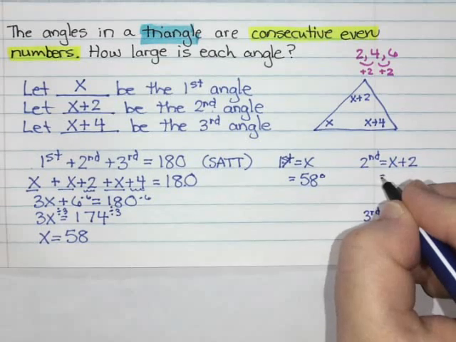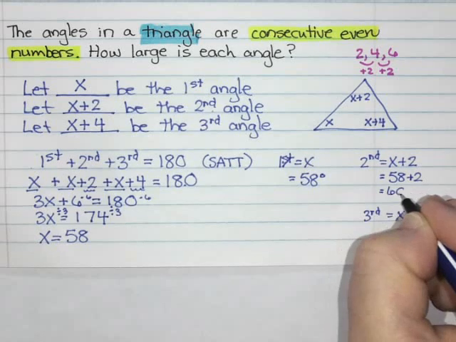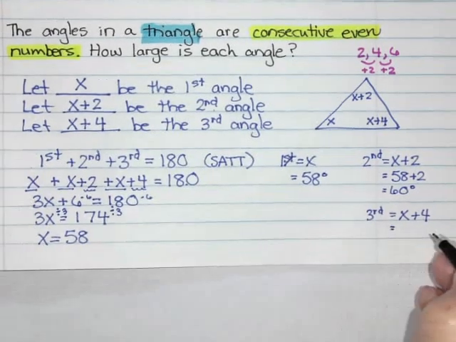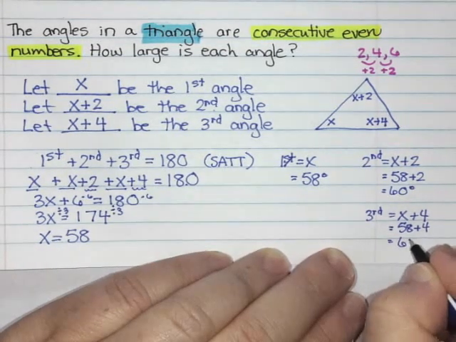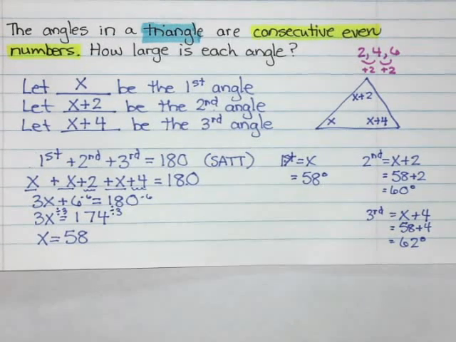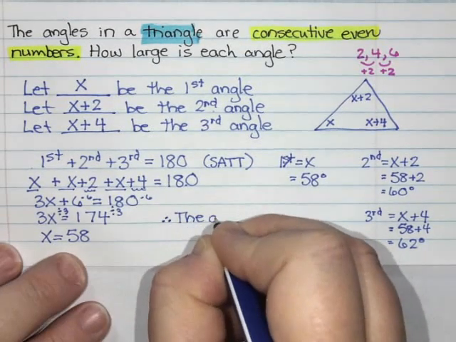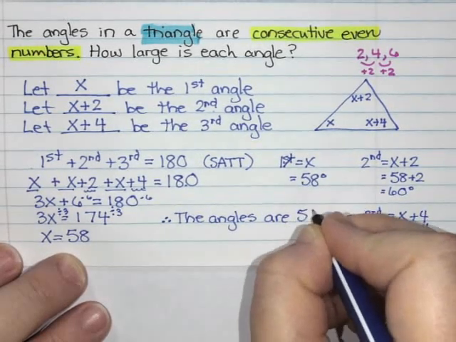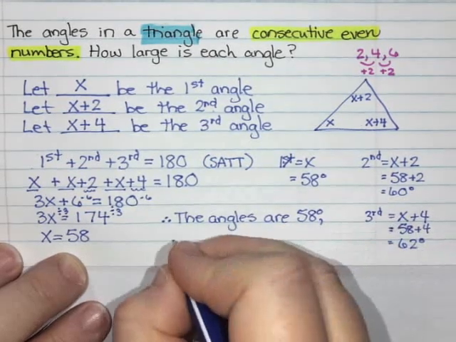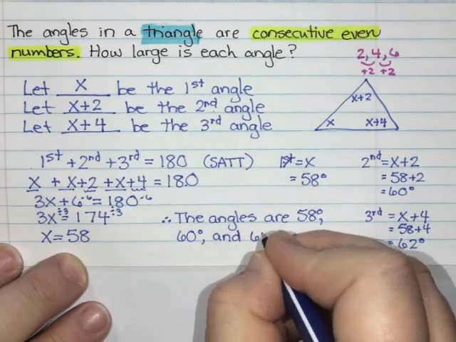My second one is 58 plus 2, which is 60 degrees. And my third one is 58 plus 4, which is 62 degrees. So the angles are 58, 60, and 62 degrees. So I'm going to say, therefore, the angles are 58, 60, and 62 degrees.